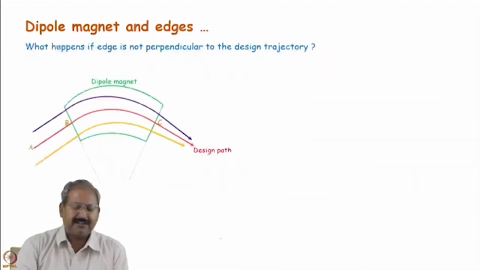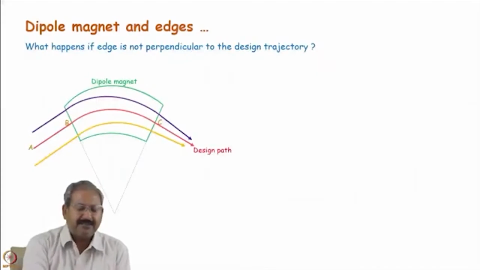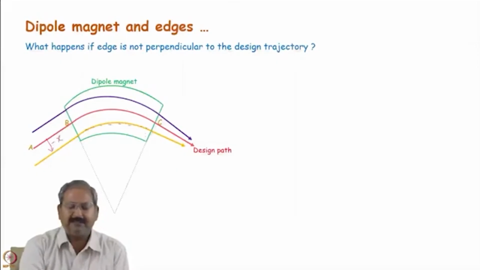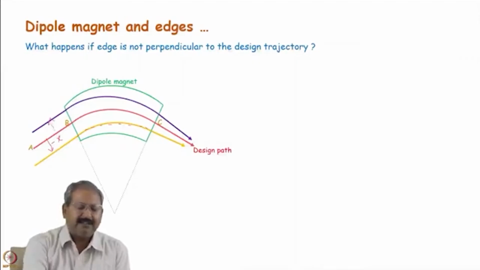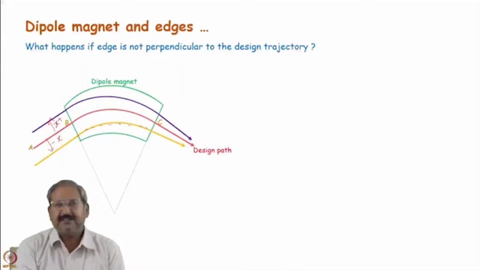And the trajectory which is coming for negative x will have a shorter path length in the magnet, so it will bend less. And so the positively deviated trajectory and the negatively deviated trajectory both come closer to the design path after exiting the magnetic field. So this kind of focusing was the geometrical focusing.